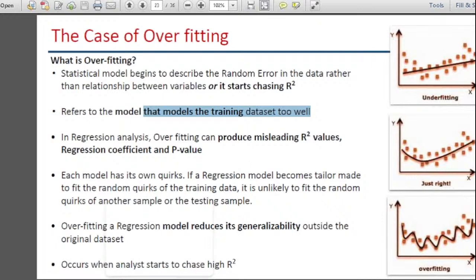How can you tell if your model has been overfitted? Is it just from R square? I should see along with R square, adjusted R square, as I said, and then there are other metrics which we'll see. If you just go blindly after R square, you will end up with this error.